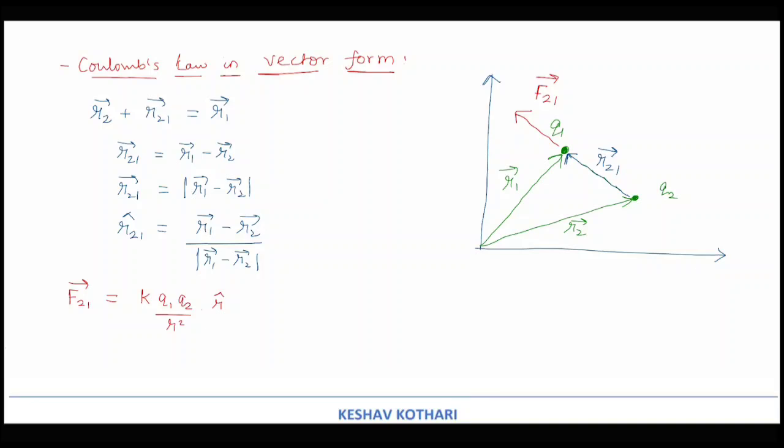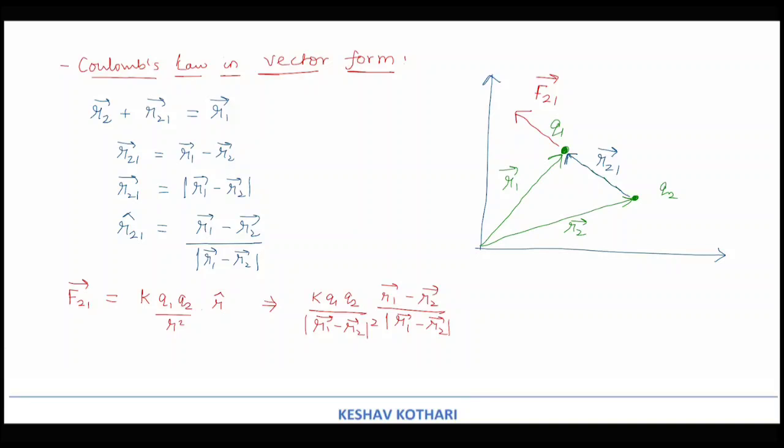So we write it as K Q1 Q2, and R cap is in the direction of R21 vector, that is R1 vector minus R2 vector divided by the magnitude of R1 minus R2, upon the magnitude of R1 minus R2 vector square.